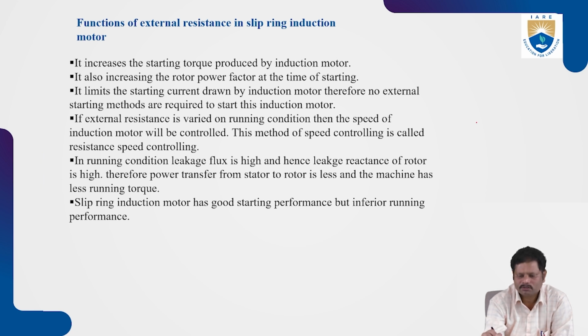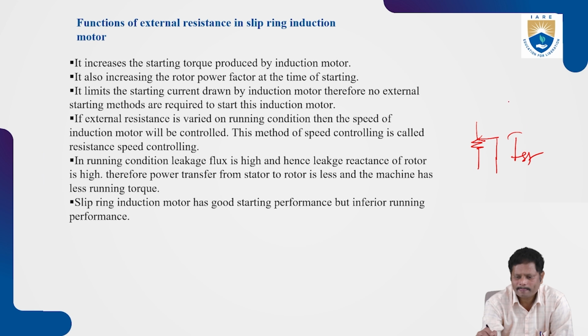For this purpose, at starting we use external resistance, and after getting some acceleration, we gradually cut out these resistances, and after getting normal speed, we completely remove these resistances. By adding these resistances, we can limit the starting current. So the purpose of adding external resistance is to limit the high starting currents.